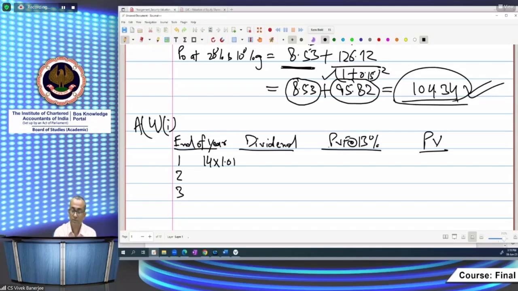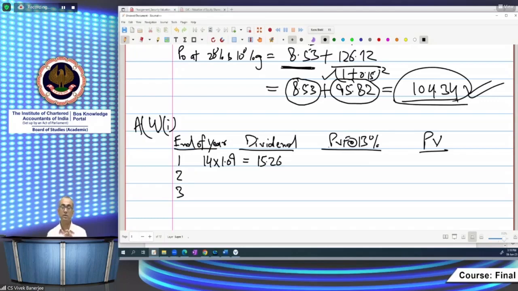It will be 1.09. 14 into 1.09. It's coming to 15.26. So this 15.26 is the dividend received at the end of the first year.